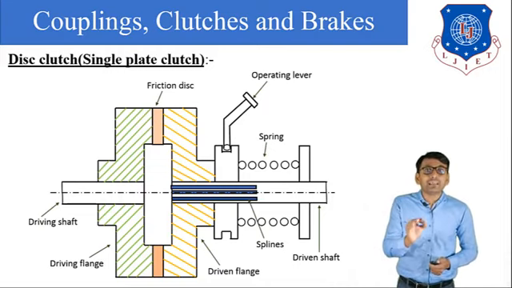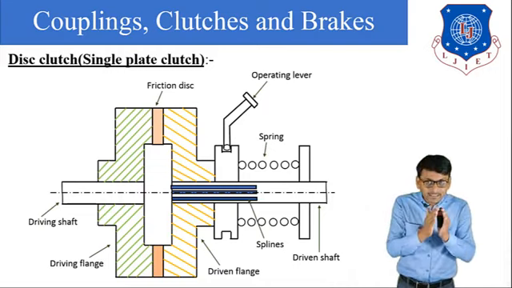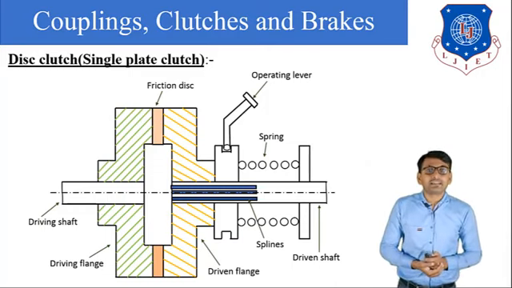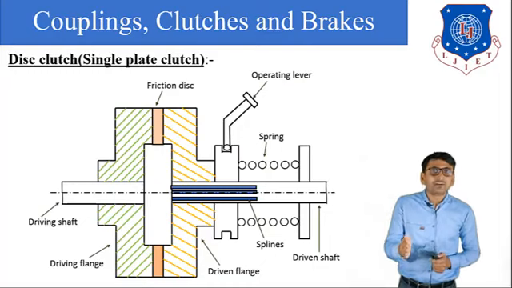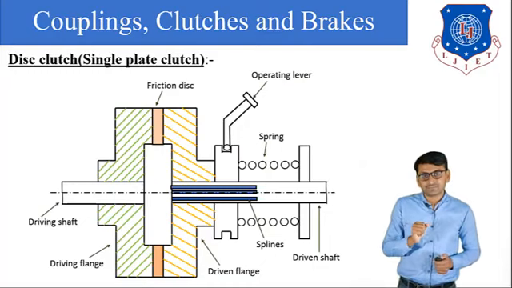So the spring compresses, and there is a disconnection between the driving flange and the driven flange. So motion and power do not transfer from driving shaft to the driven shaft.